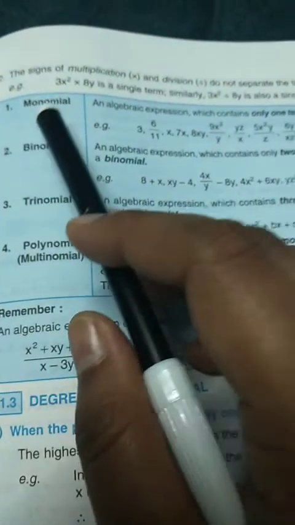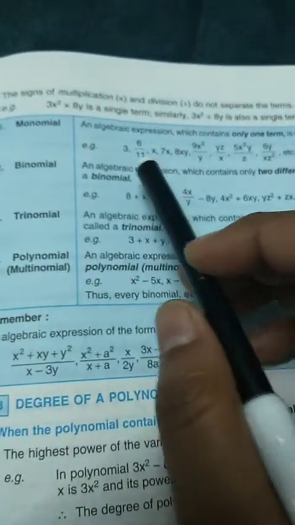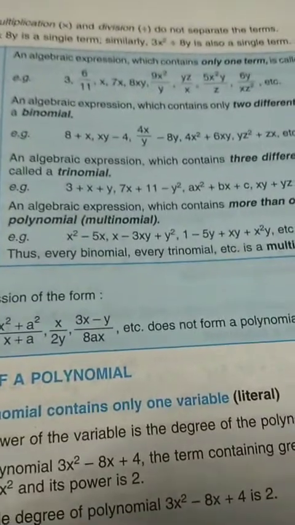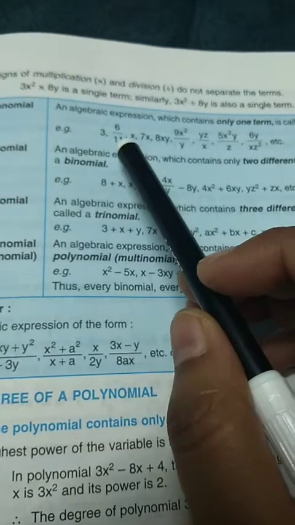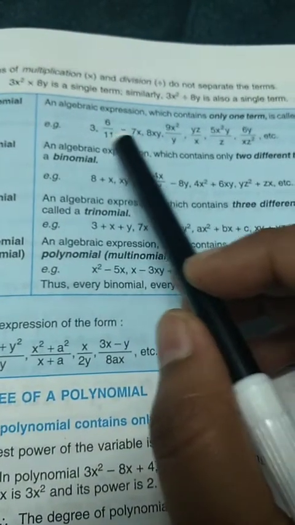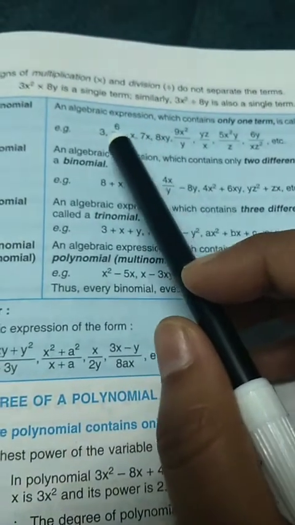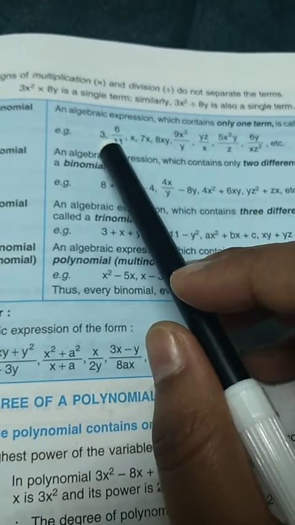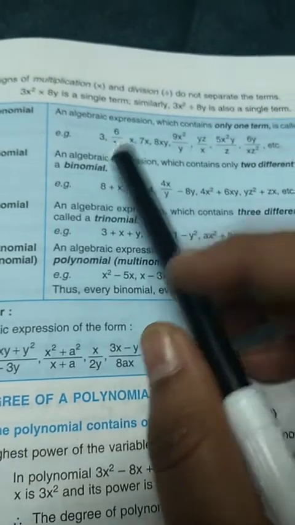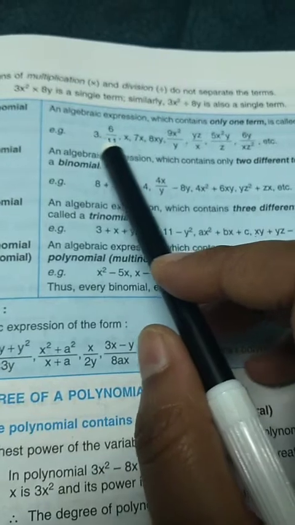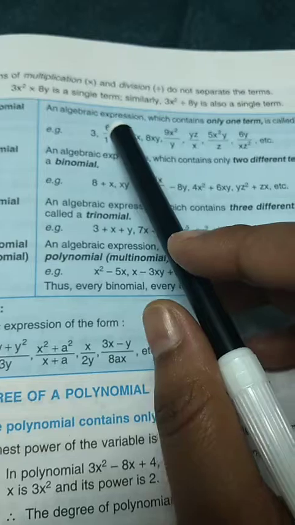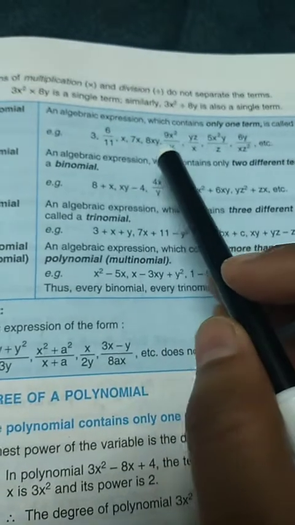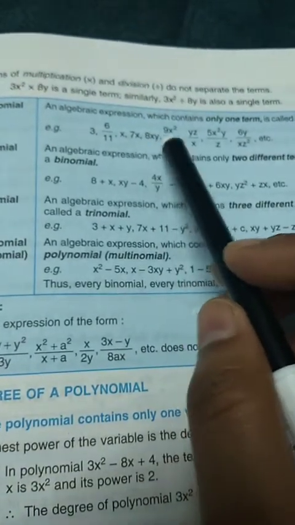Now monomial, the word mono means one. Monomial means an algebraic expression which has only one term, and we have already understood that a term is a combination of constant and variable. So monomial is one term. Here they have taken examples like 3, 6 by 11, x, 7x, 8xy.